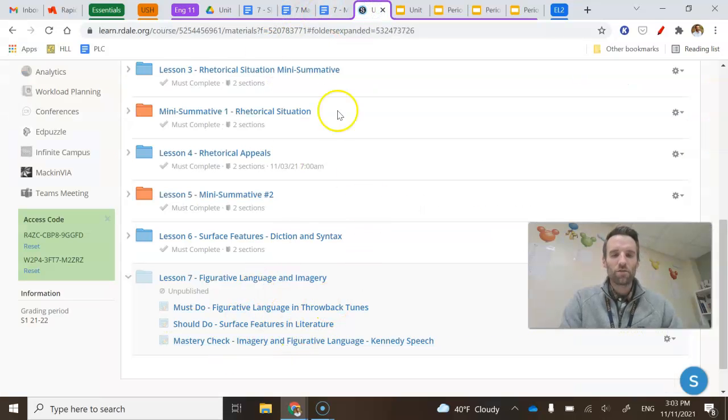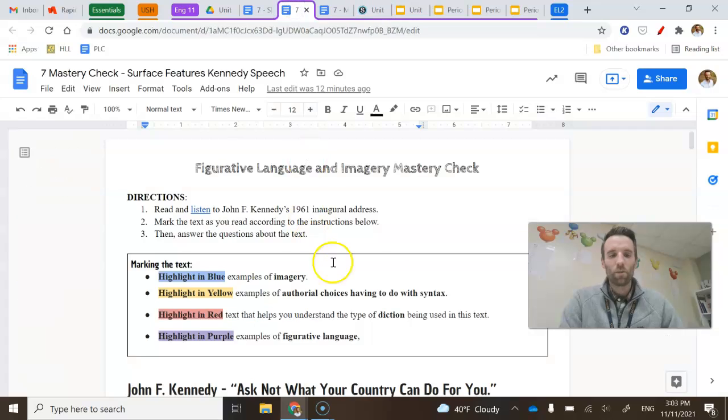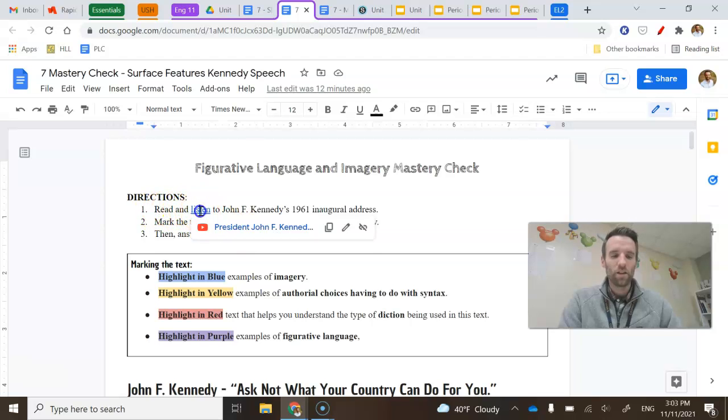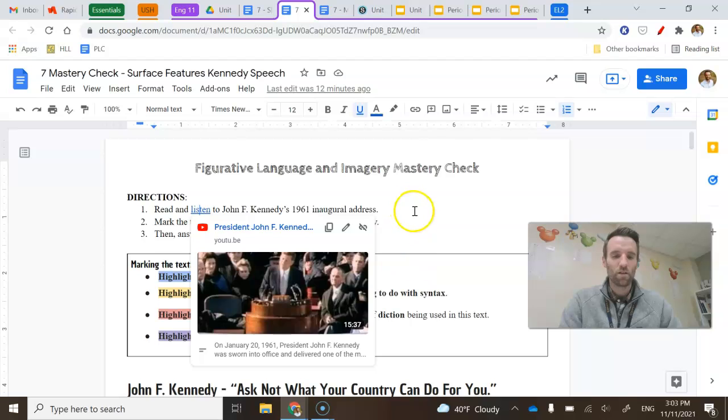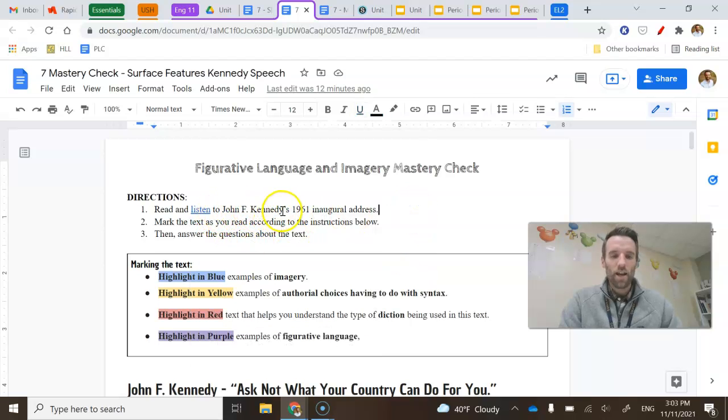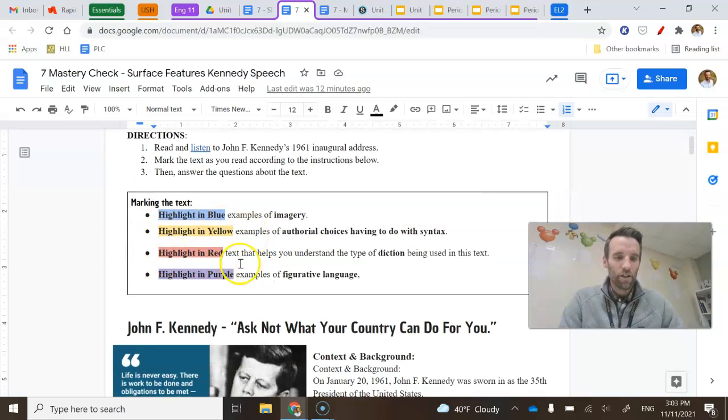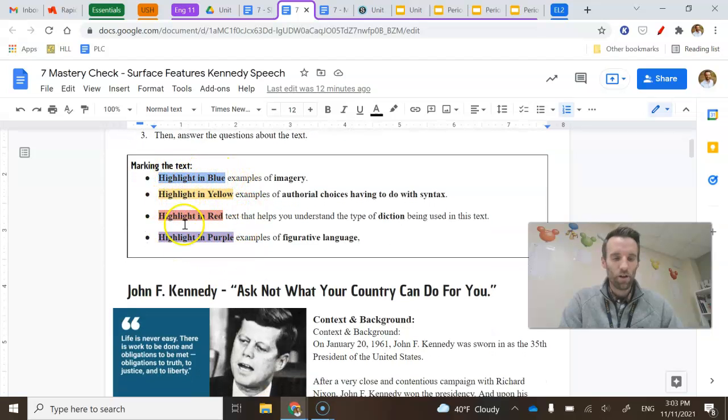And finally, the mastery check. We're almost done with this unit, so we want to see what you can do with your analysis, which means you're reading and listening. You can follow this link. It starts when the speech starts, John F. Kennedy's 1961 inaugural address. Inaugural address is when someone becomes president. It's the speech they give right after they become president. So you have to mark the text, the script of the speech, highlighting the different things you're looking for here.